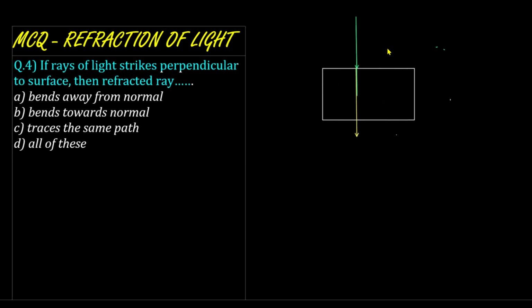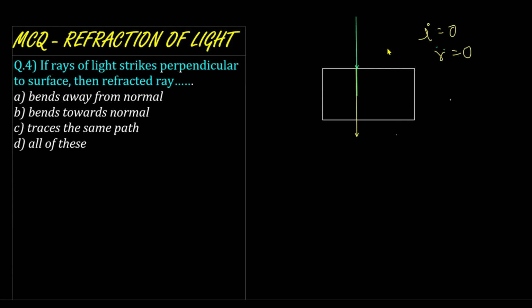So one more time, what you can see here is that the angle of incidence should be zero. Why did I say so? This is because the incident ray is coinciding with the normal. So two rays coinciding means the angle between them is zero. So since the angle of incidence is zero, so will be the angle of refraction, and therefore you will say that this will go undeviated.